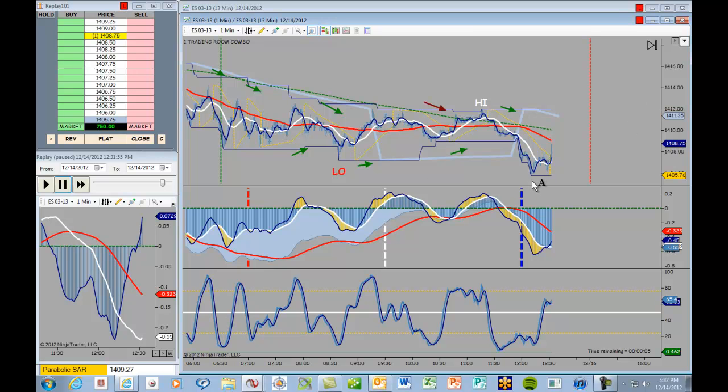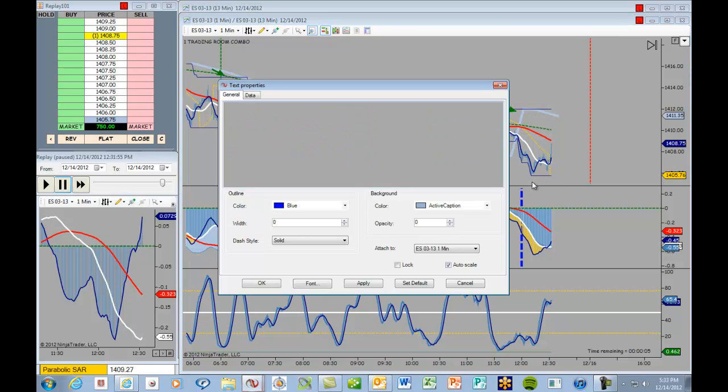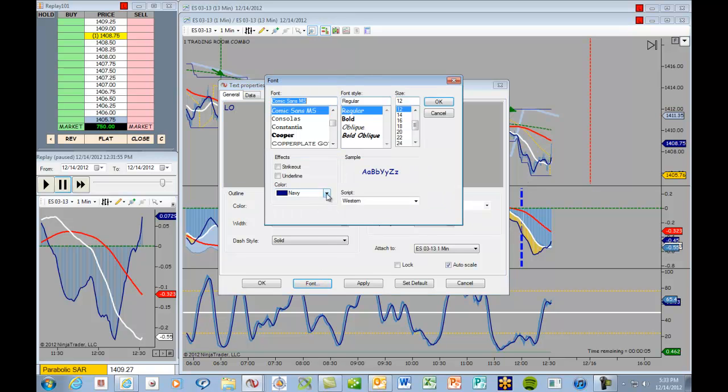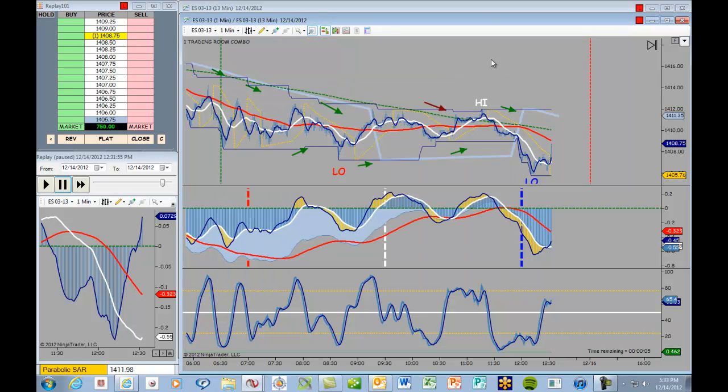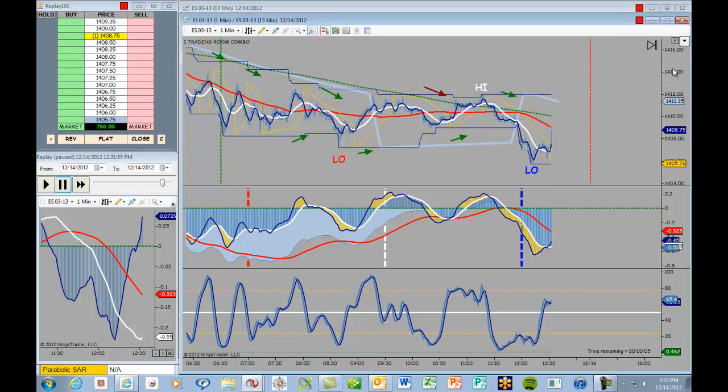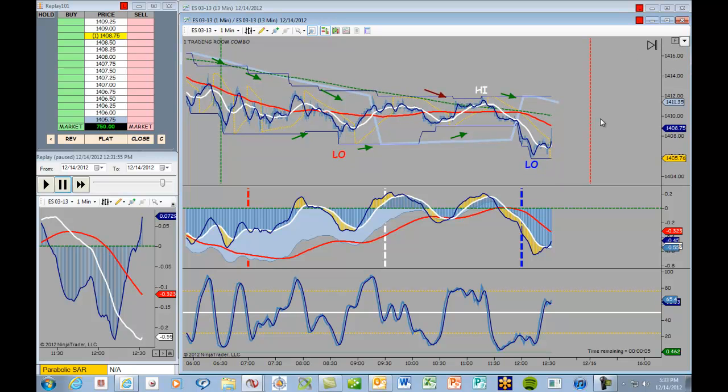And this is probably going to be our low. Now, do we go long? I would say let's do it.